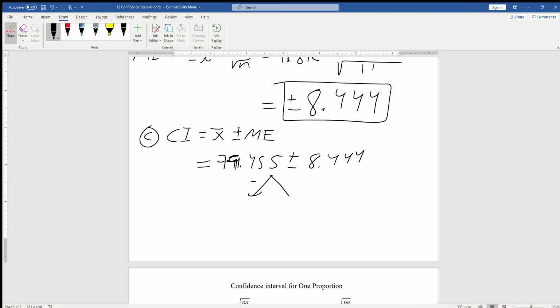You do minus first, you compute plus second. Again, verify this in your calculator. I got 71.011 as the lower bound. For the upper bound, 87.899.